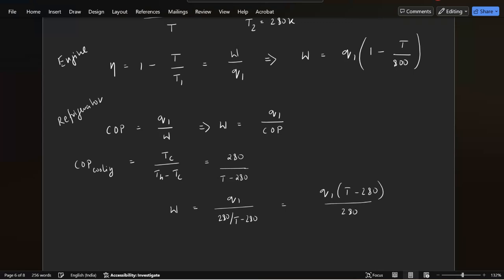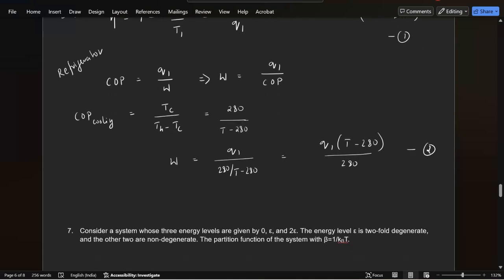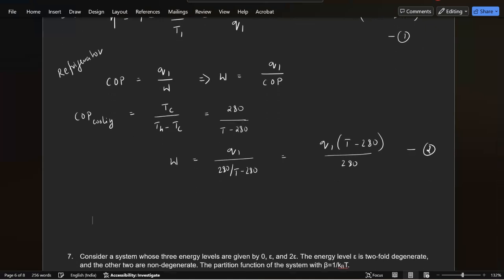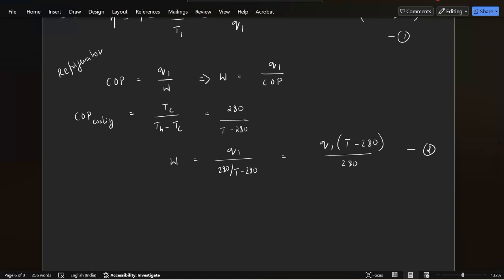So we have work from the refrigerator and work from the engine. Both of these are equal, so we'll just equate them. Work of the engine is equal to work of the refrigerator. So from 1 and 2, let's equate them.